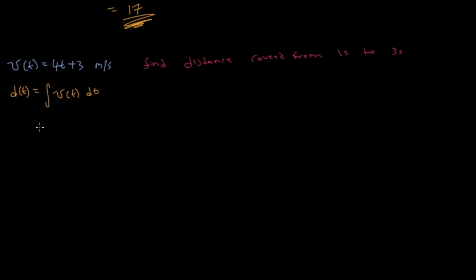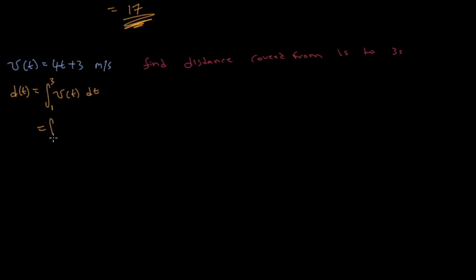So what we can do here is plug in our function. Now, since they want the distance covered from 1 second to 3 seconds, we can put that in as our intervals. So we'd put in 1 here and 3 up here. That's what this question is asking.